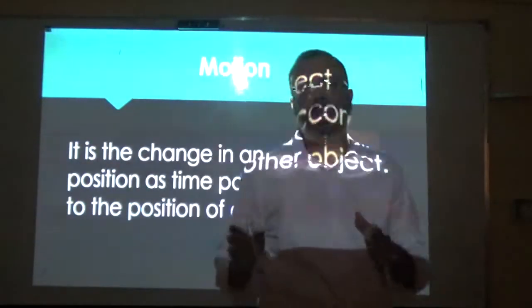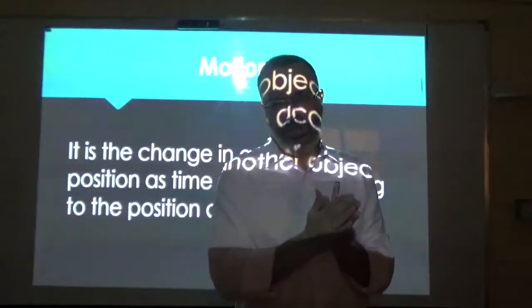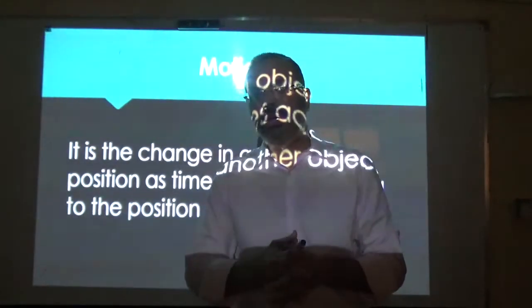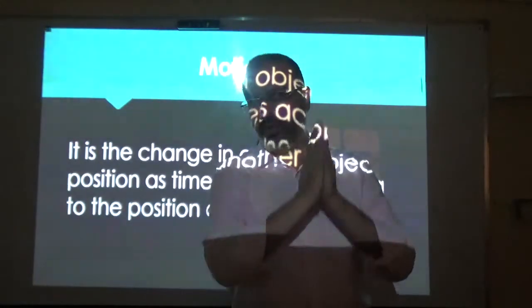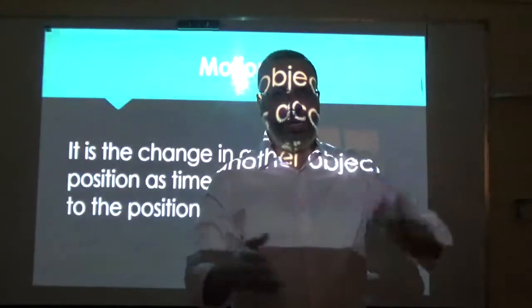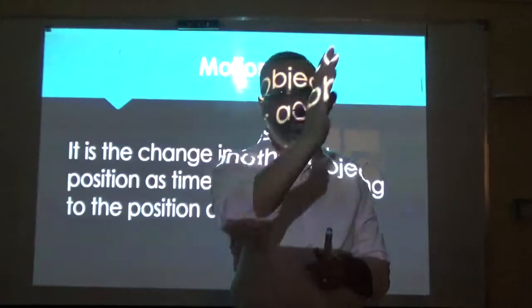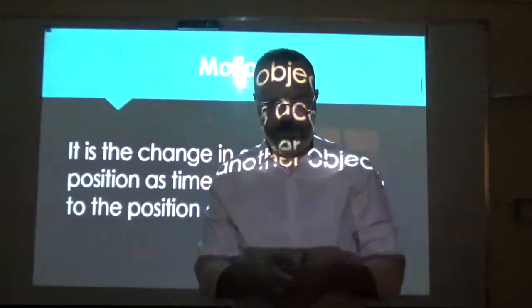Motion has 2 types. We can move from one place to another in a straight line, or in one direction, like when we travel from Cairo to Alex. We move on the desert road in only one direction, from Cairo to Alex.